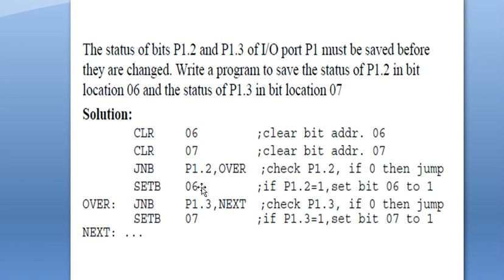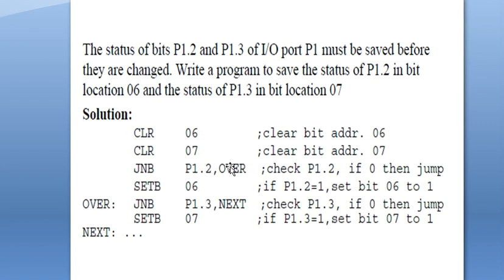So P1.2 and P1.3 are respectively checked, and their status is respectively stored in 06 and 07. So this is how it is going to check the status. If it is 1, then SETB 06. If it is 1, then SETB 07. Means these two locations, 06 and 07, will store the status of P1.2 and P1.3, right?